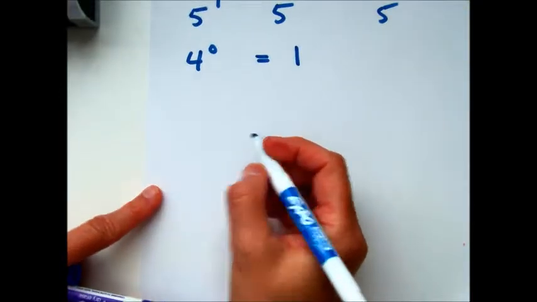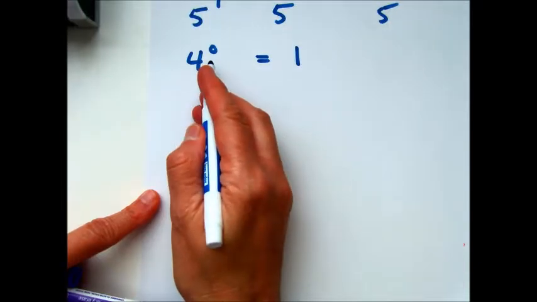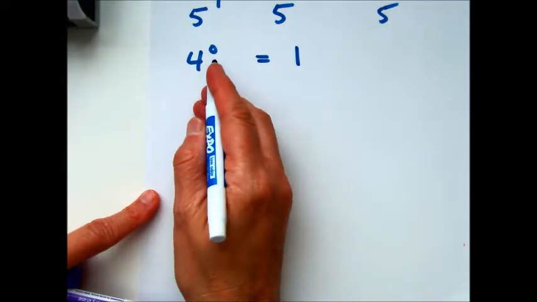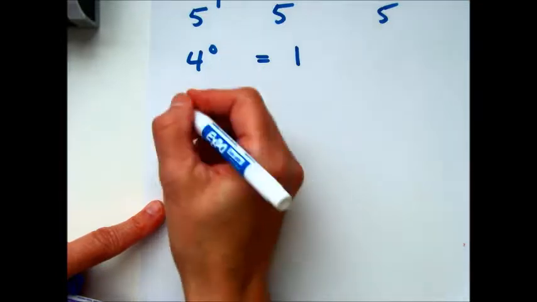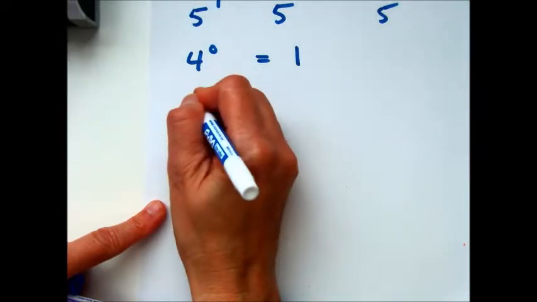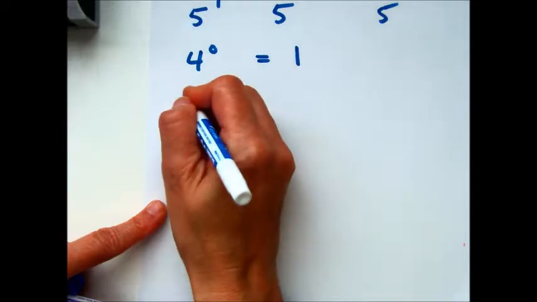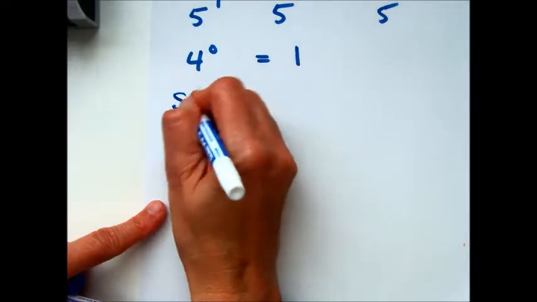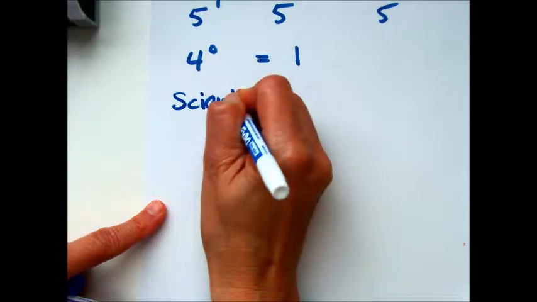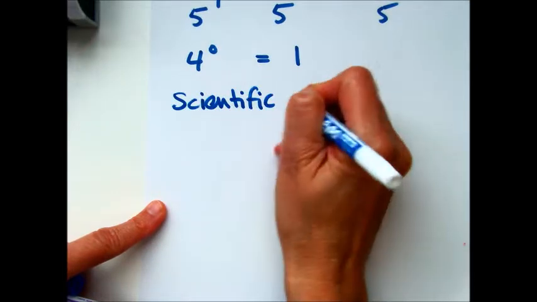There's one other kind of exponent that I just want to briefly introduce, and that's when we have a negative exponent. This is in reference to scientific notation. And again, we'll do scientific notation at a later time.